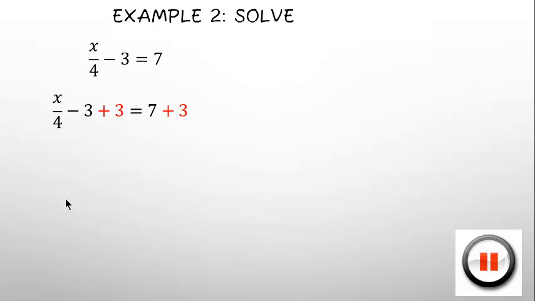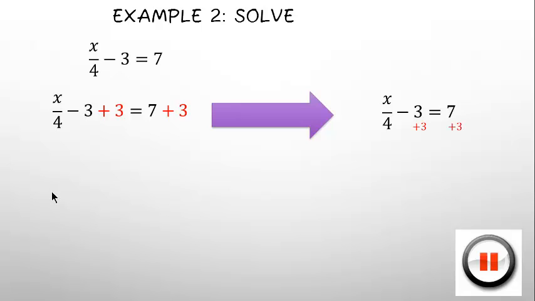But we're going to have a look at a different sort of working out that you might be interested in, rather than writing it how I've written it there. So looking at this one, I've got x over 4 minus 3 equals 7. We're going to do the same thing, just setting it out a little bit differently. People tend to like this way better. So I'm going to add 3 to both sides. It is easier when you do it in a different colour, but you don't necessarily have to.